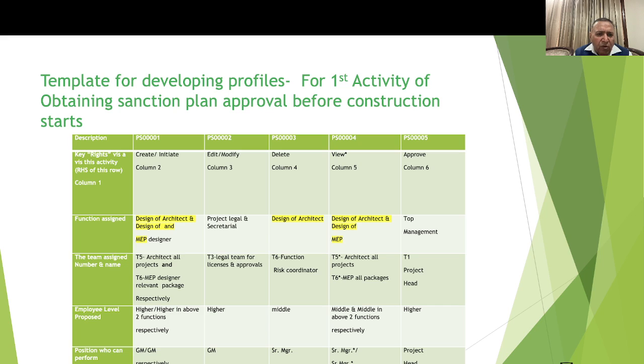And the position who can approve, I am hypothetically proposing general manager or senior level person for creating, and editing or modifying can be done by the same general manager level. Deletion I am putting by the senior manager relevant to this design of architect function, and viewing by senior manager and project heads.